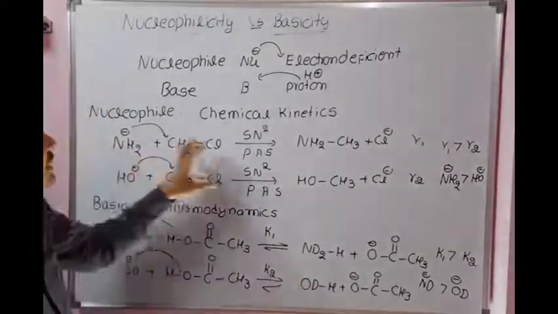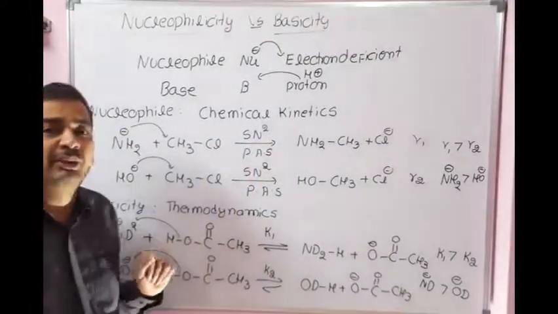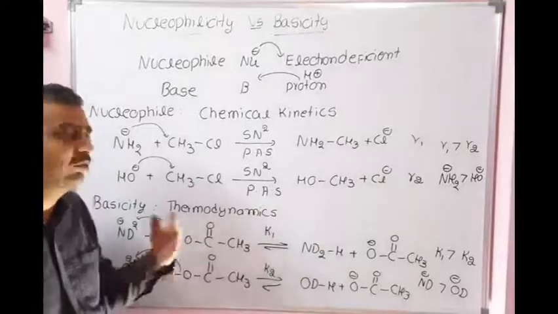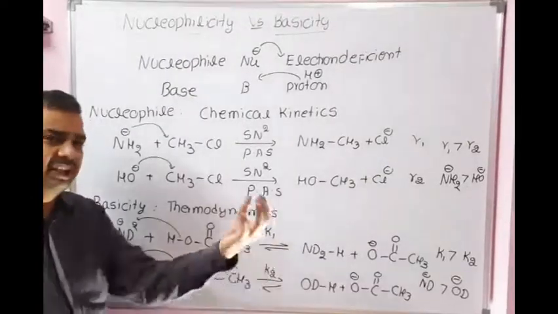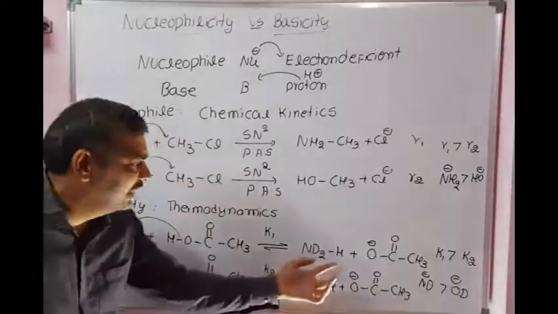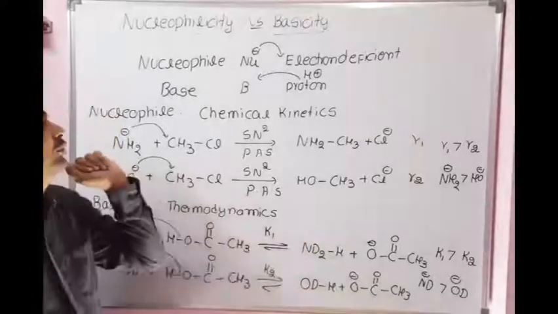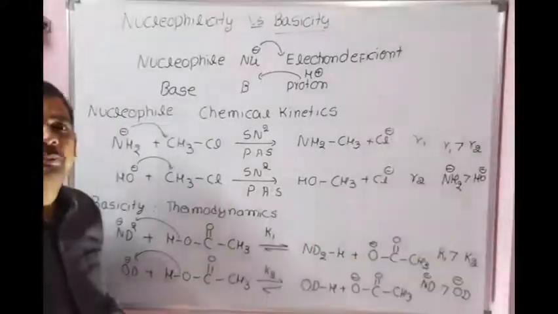So nucleophilicity depends on the rate of reaction, whereas basicity depends on the equilibrium constant. That is a thermodynamic term. If the K1 value is more, the group abstracts a proton fast, the bond between hydrogen and the basic atom is strong, and the forward reaction takes place. So this is about nucleophilicity and basicity.